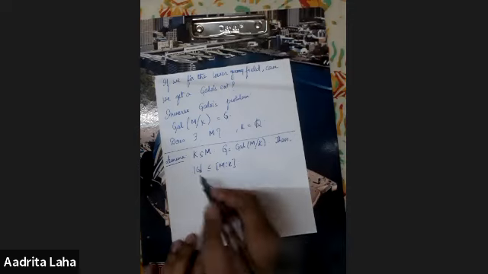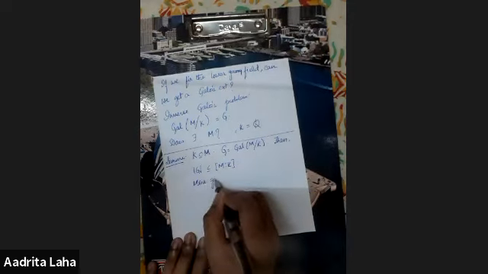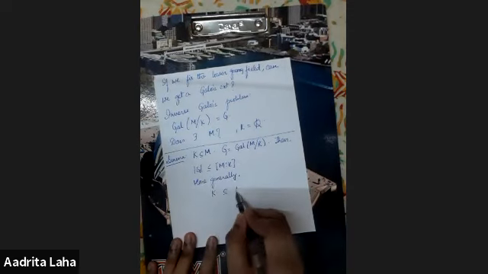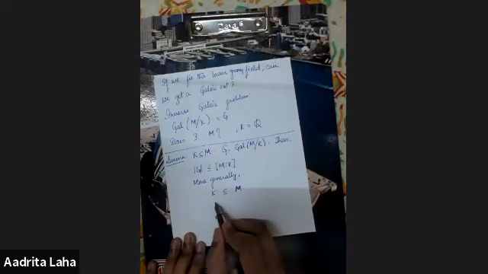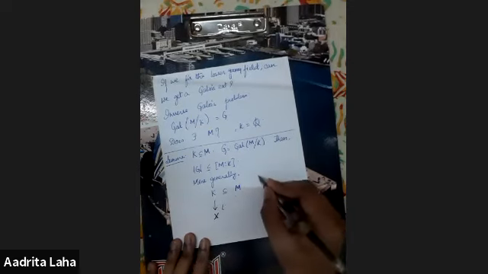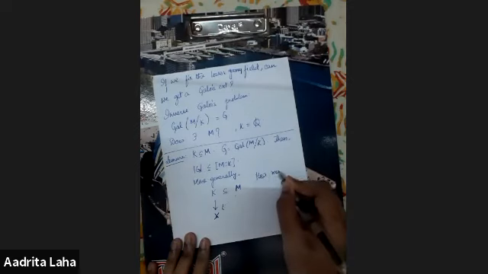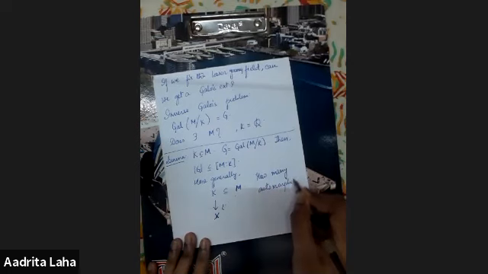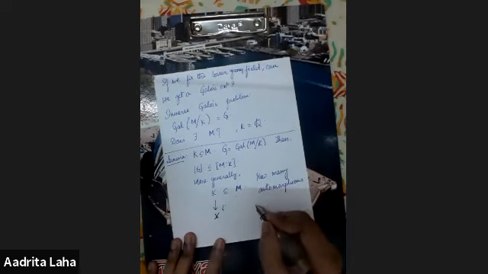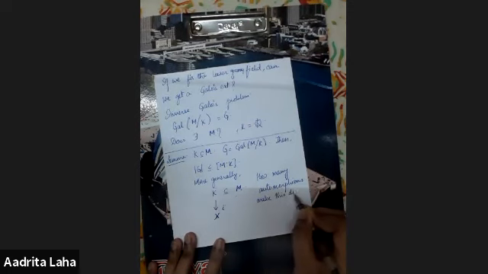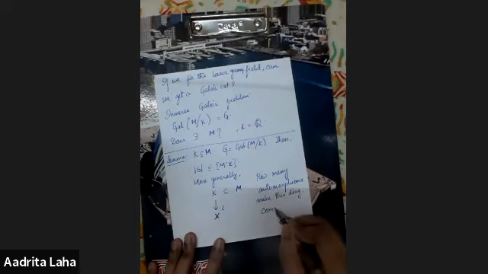Now, more generally, if you have an extension M over K, and if you have an extension X, then the question is, how many automorphisms make this diagram commute?